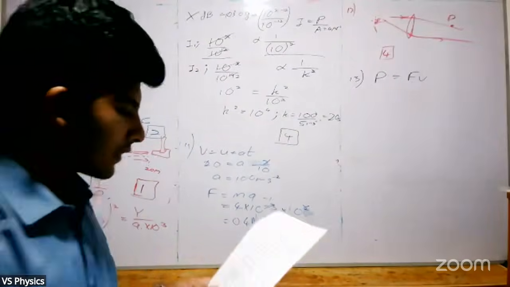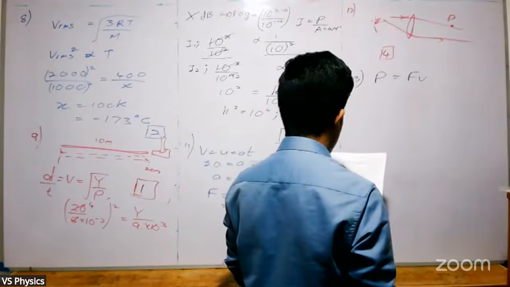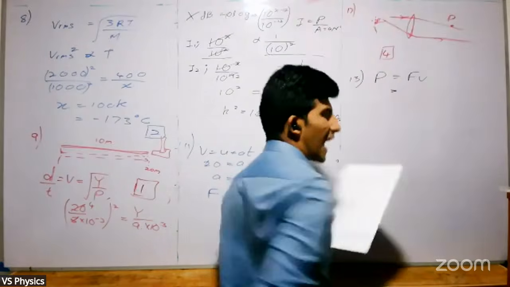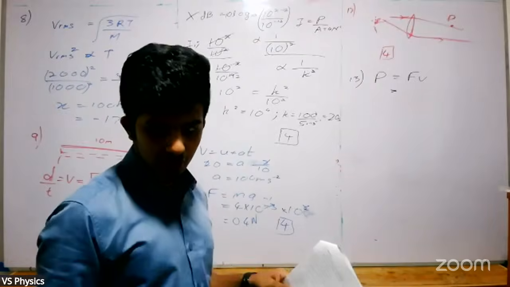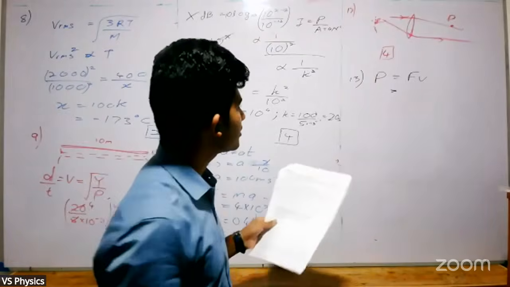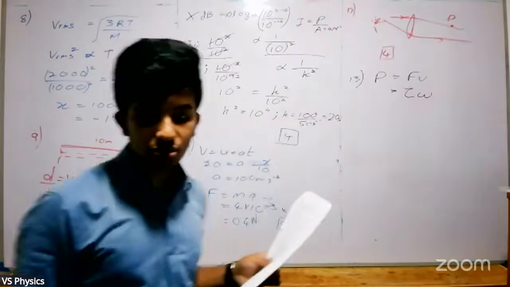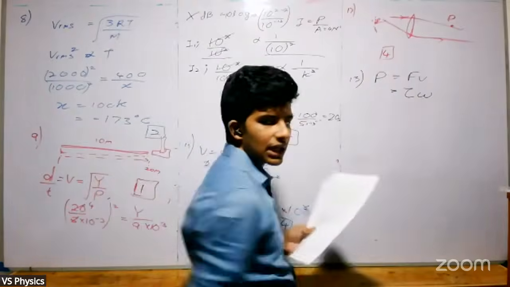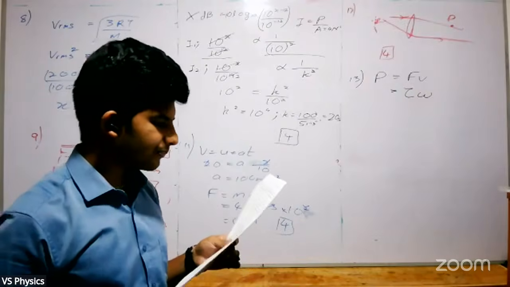How do we find the resistance? If we write this in terms of angular or rotational motion, how can we write it? Power is equal to tau omega.